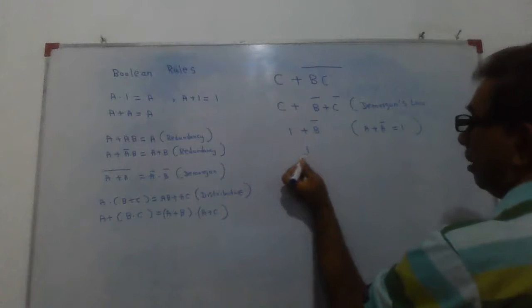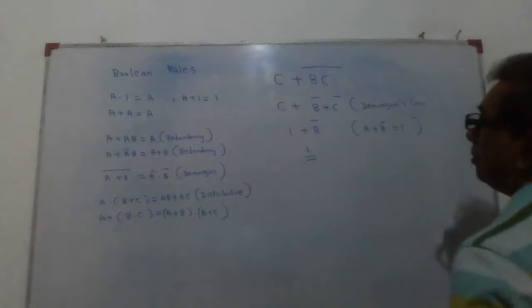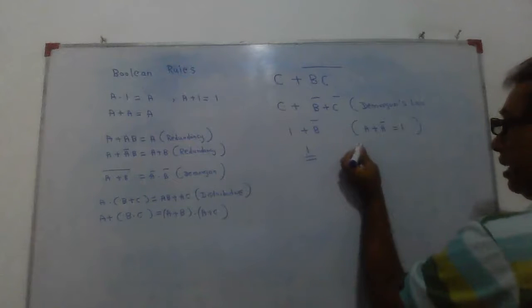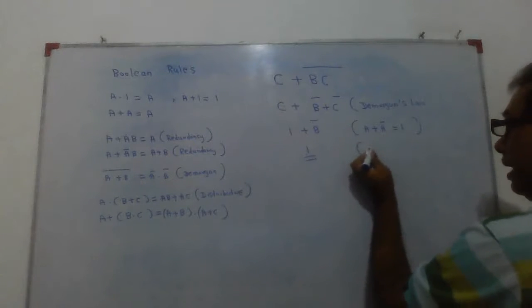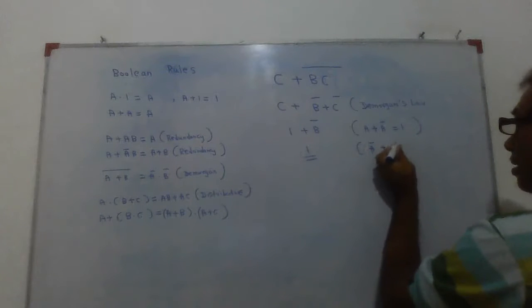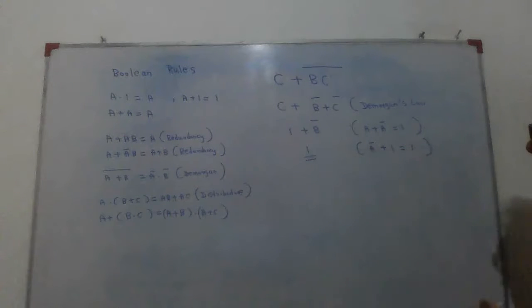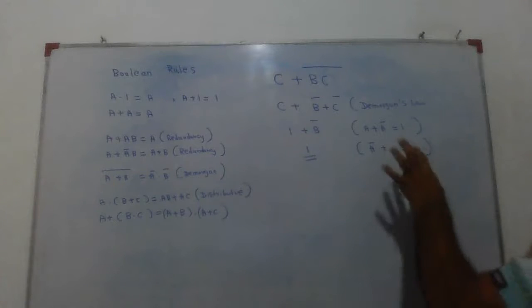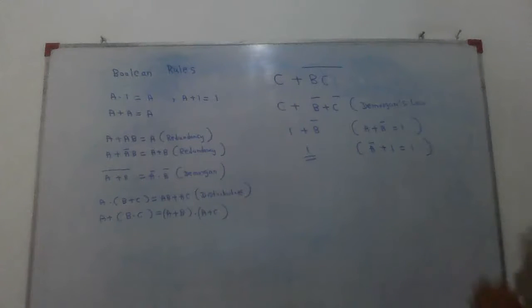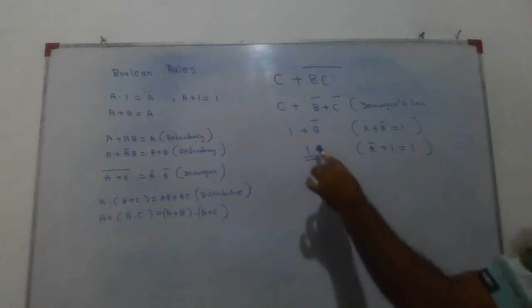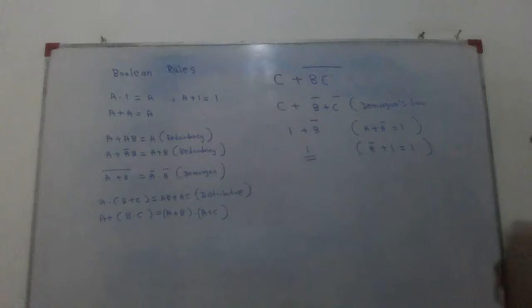1 or B bar. Now we say A bar or 1 equals 1. If A bar is 0, then it should be 1. If A bar is 1, then the result should be 1. So it is the same, and we can abbreviate it as 1.